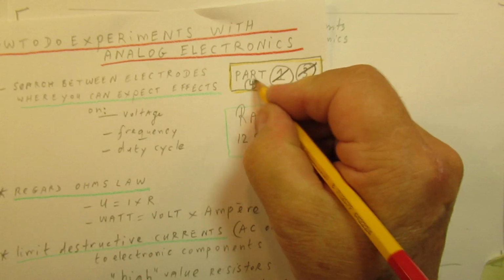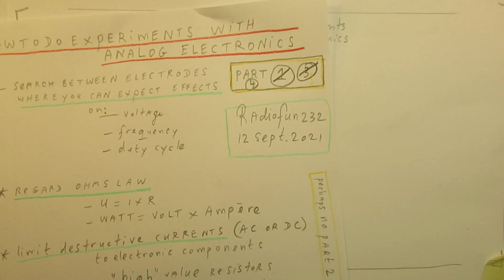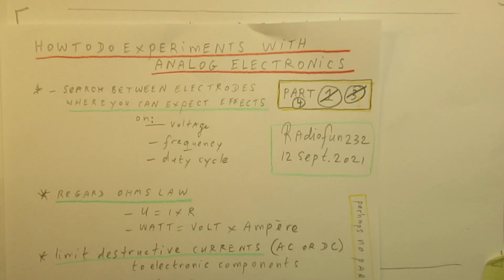This is part 4 of the video on how to do experiments with analog electronics. It's all quite sloppy, sorry for that.